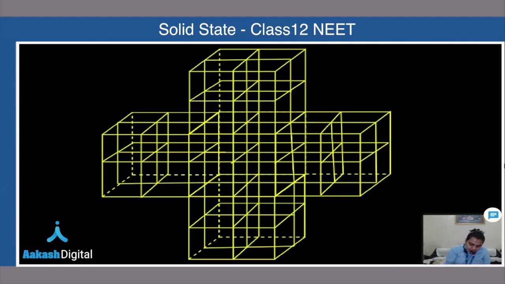So these are my Cl negative ions, the ones I'm fitting at the corners and at the face centers.